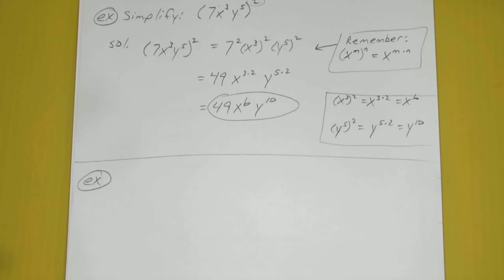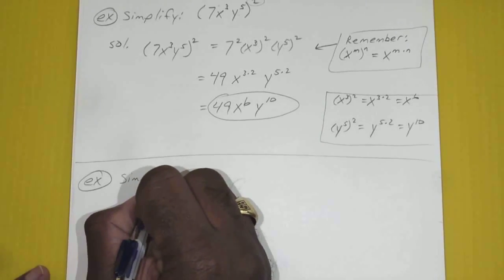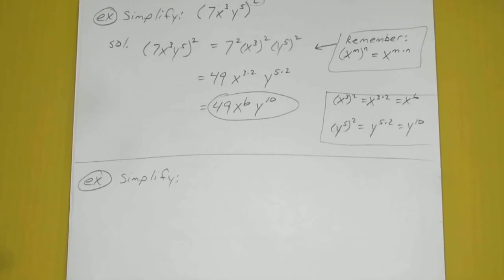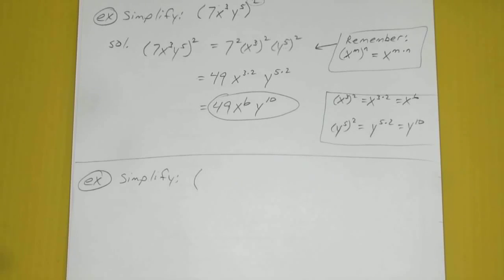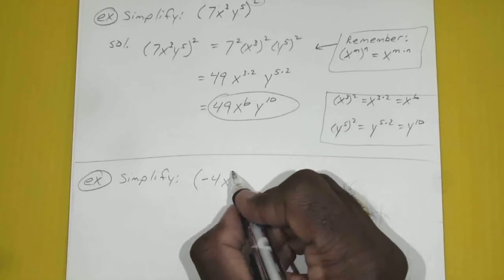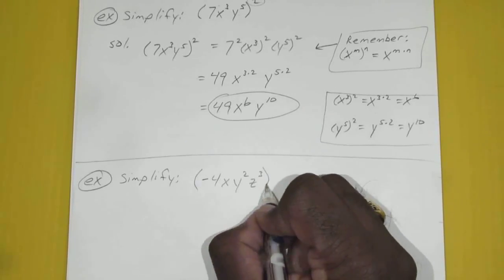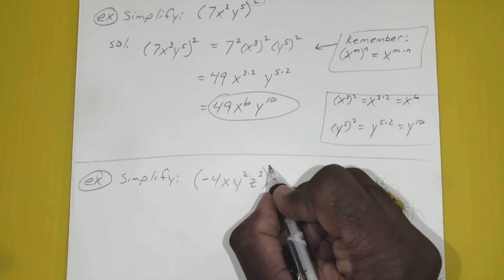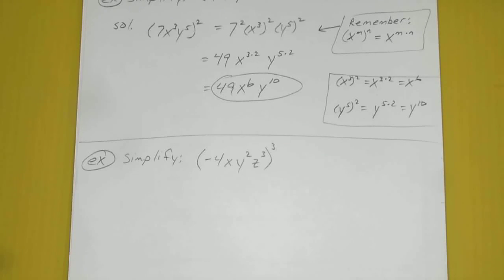All right, so let's say, for example, we wanted to simplify -4 x y squared z to the 3rd, and make that to the 3rd power.